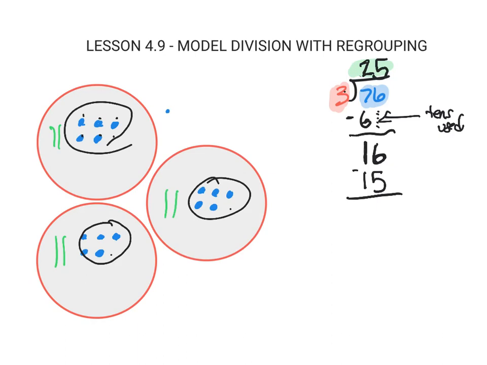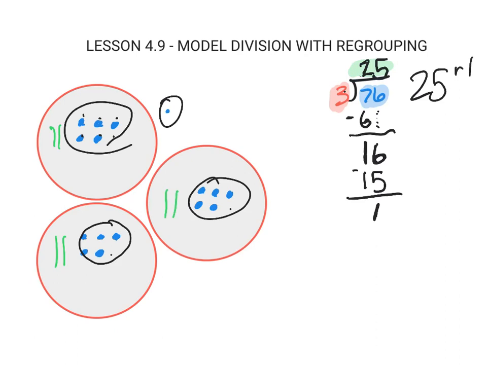And how many 1s, this little guy right there, do we have left over? We have 1 left over. And that is our answer. Now, however we want to write the remainder, right? If we want to write the remainder as, I don't know, 25 remainder 1, we can do that.